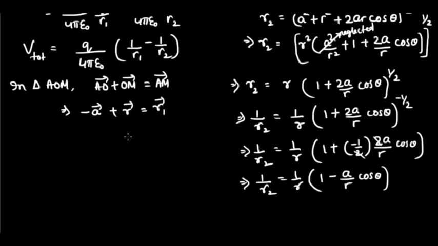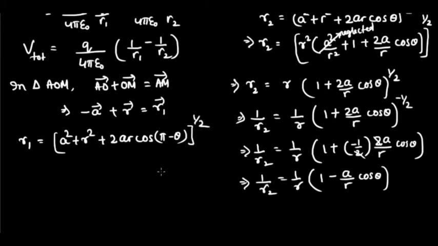Again, if you find the magnitude of R1, it will be R1 is equal to A square plus R square plus 2AR cos of pi minus theta, and you have to give a power half here. And we know that cos of pi minus theta is the same as minus cos theta.